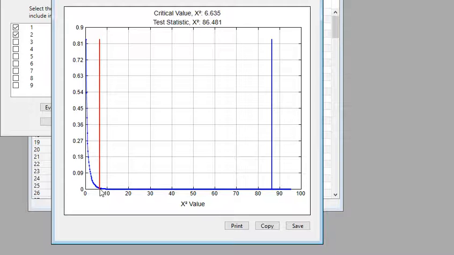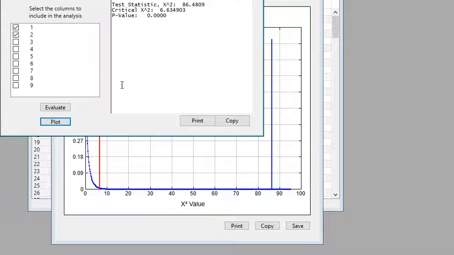Now the observed value for our test statistic was 86. So it's way out here. I mean, it's just unbelievably far. So one of 2 things is happening. Either we observed a very unlikely event, or the null hypothesis is false. What do you think?